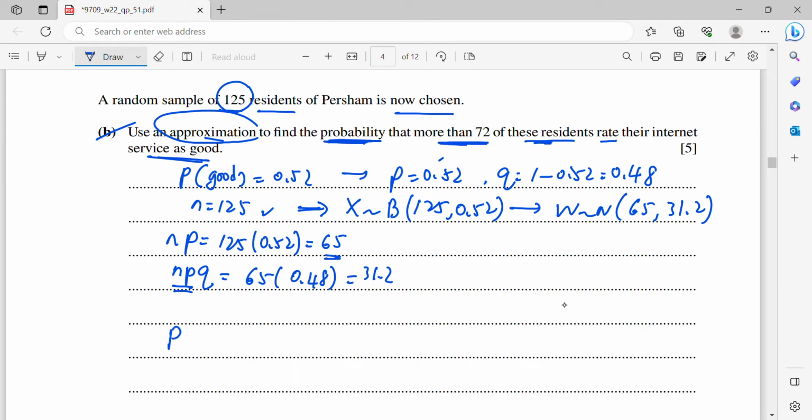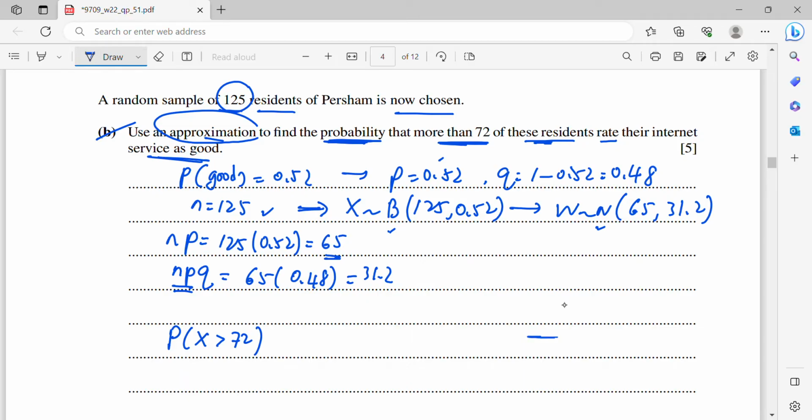Now calculate the probability that more than 72 of the residents, so P(X more than 72). But you have to be careful, because the binomial is discrete and the normal is a continuous random variable. If you approximate the discrete binomial by a continuous one, it is compulsory to carry out the continuity correction.